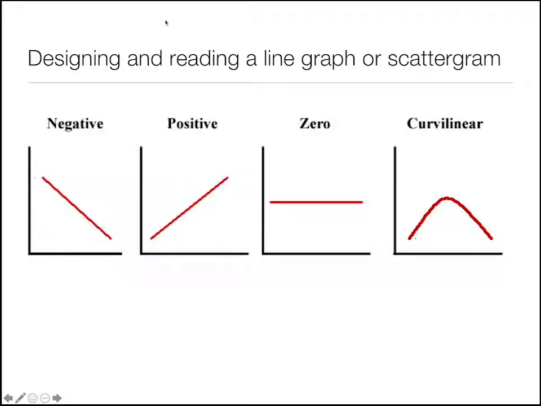Again, for us, this means that there's not a 10% difference or greater between the row percentages. That's all we're looking for. And then a negative relationship would be, the classic example that they use, hours spent partying the night before an exam and result on the exam.